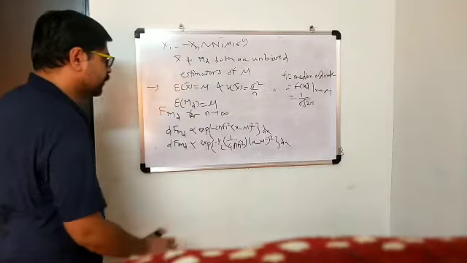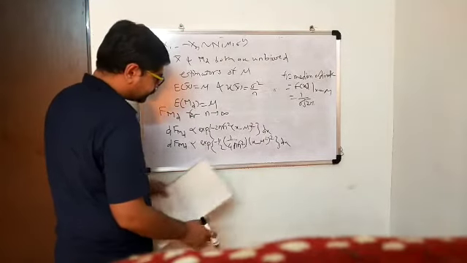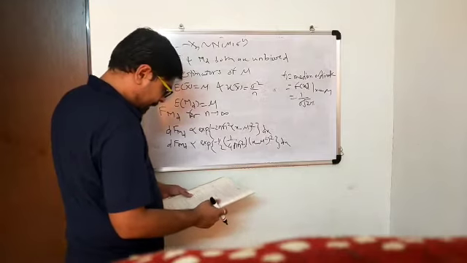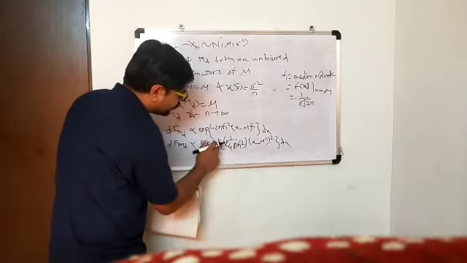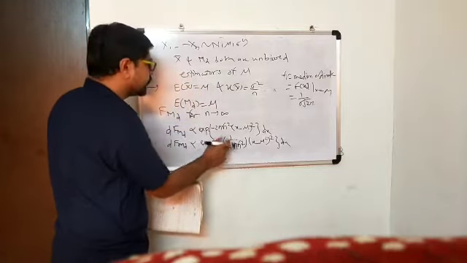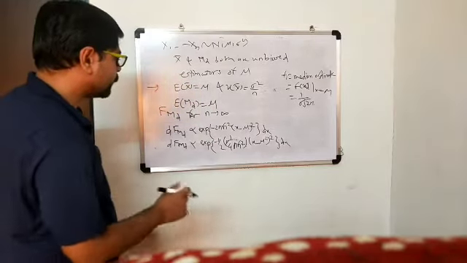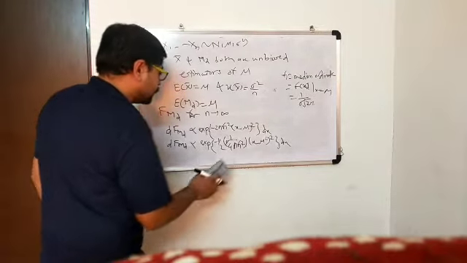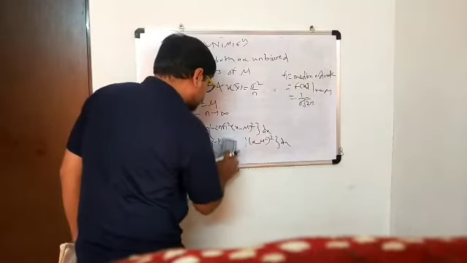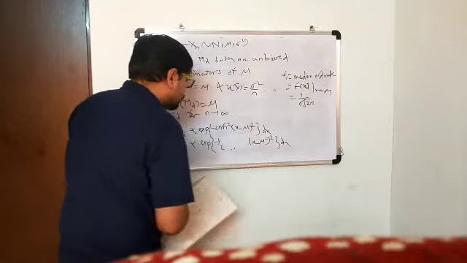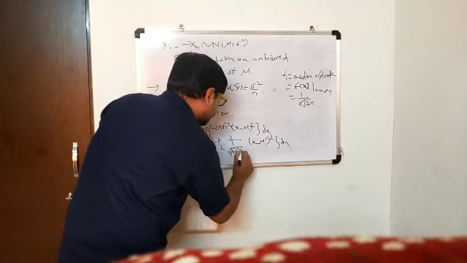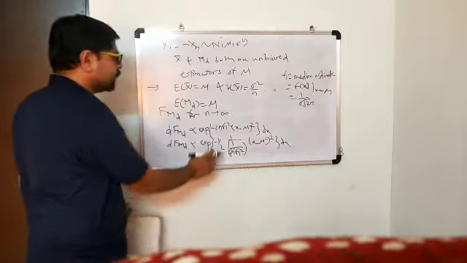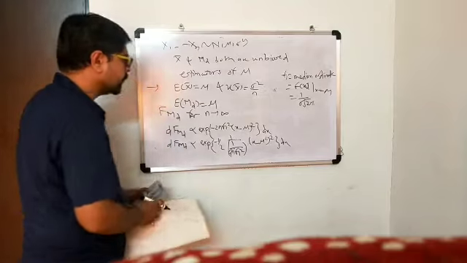Here it is 1 upon 4n f1 square. So it is 2 by 4, and this comes out to be 1.